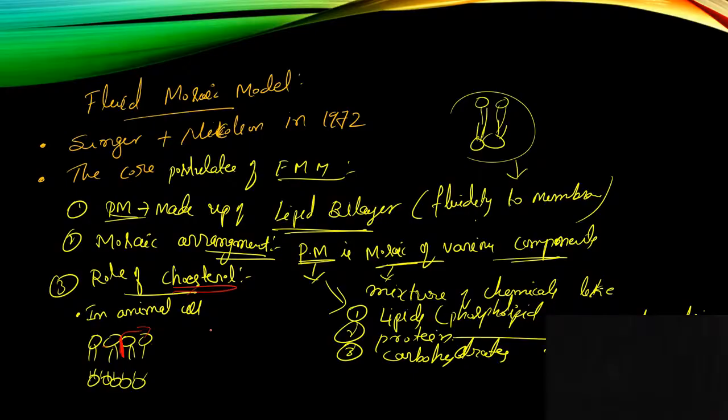And finally, Nicolson and Singer explain that the plasma membrane is selectively permeable in nature. Due to its fluid and chemical nature, the membrane acts as a semi-permeable barrier controlling which substances enter and which exit the cell based on size and polarity. Okay, so all this is about the postulates given by Singer and Nicolson.